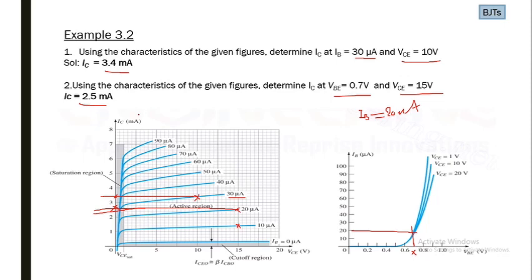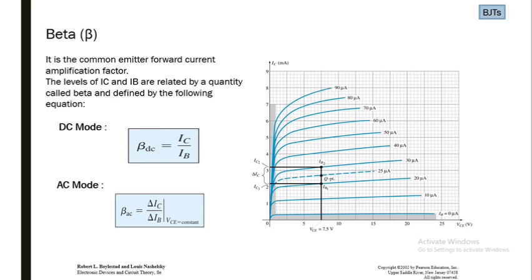So in other words, we can find these quantities through these characteristic curves. Now we have to define beta, which is the common emitter forward current amplification factor. In the common emitter configuration, IB is the input current and IC is the output current. So the relation of these two is beta.